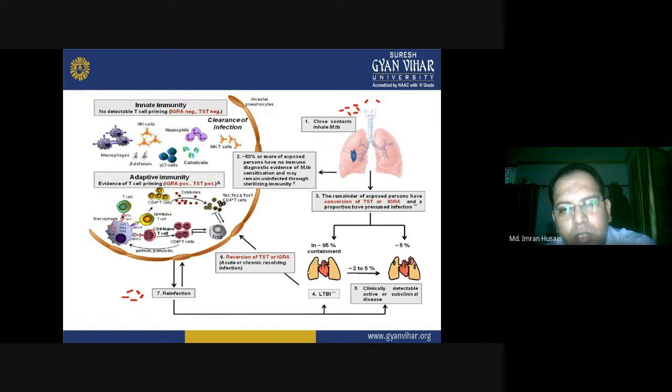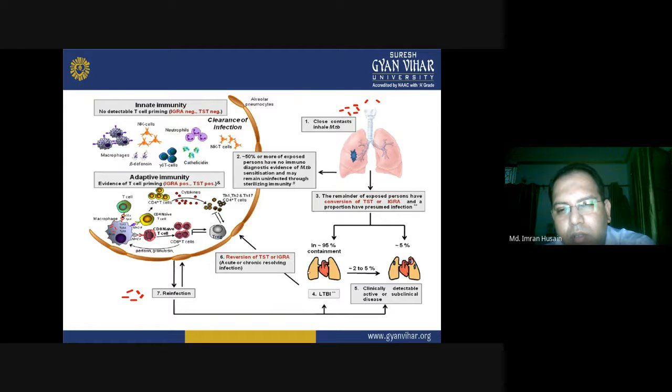So, the reinfection or reversion of TST or IGRA, acute or chronic resolved infection, LTBI, or clinically detectable active or subclinical disease. In 95% containment, 2 to 5%.